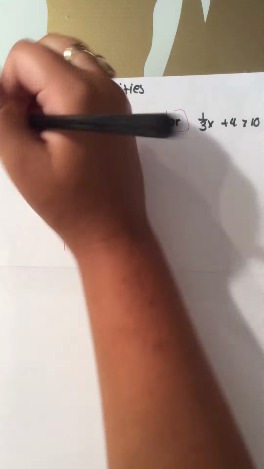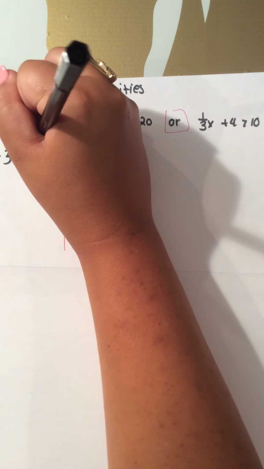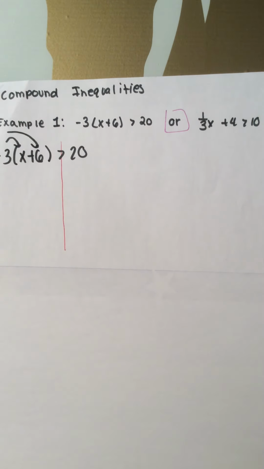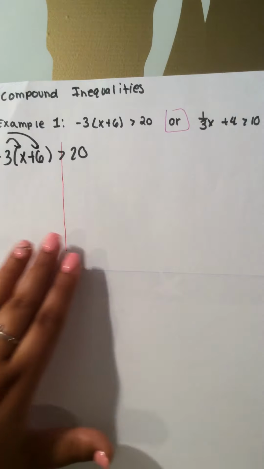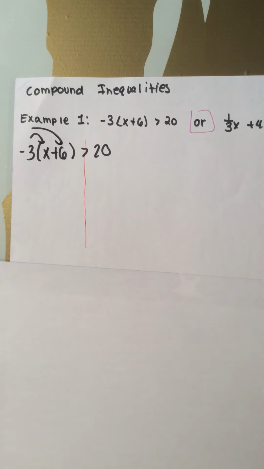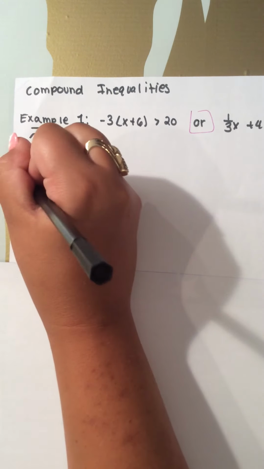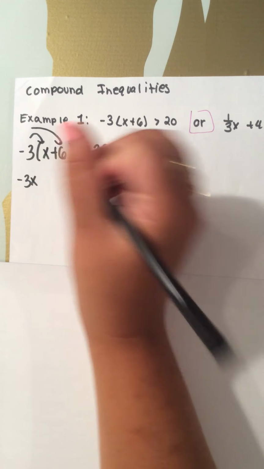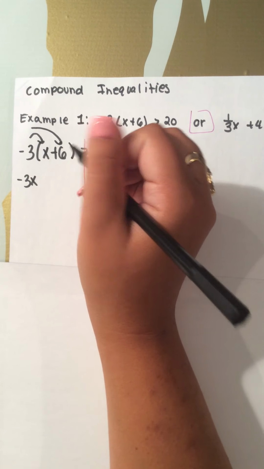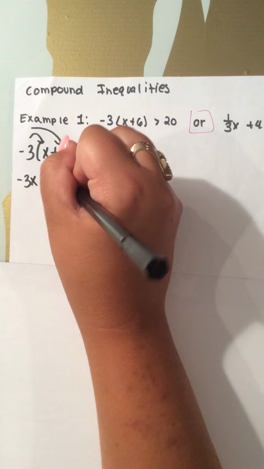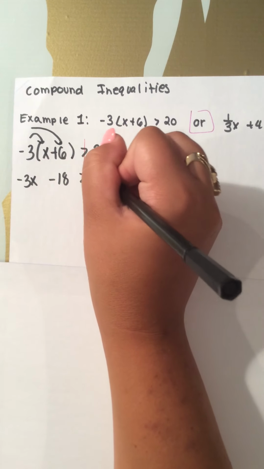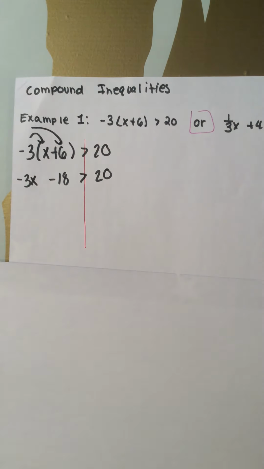So this negative 3, I'm going to distribute to the x and 6. You guys can't see the negative. So negative 3 times x is negative 3x. Negative 3 times 6 is negative 18. You have greater than 20.